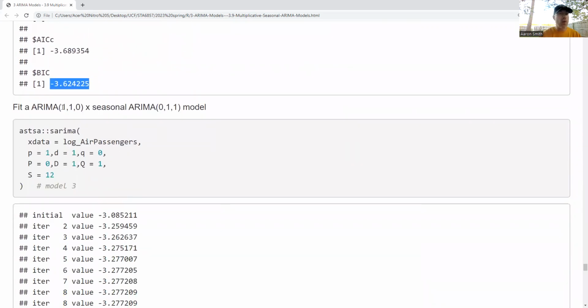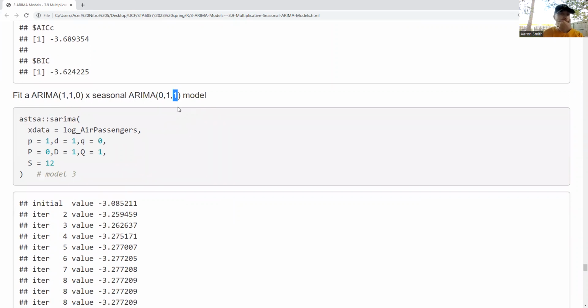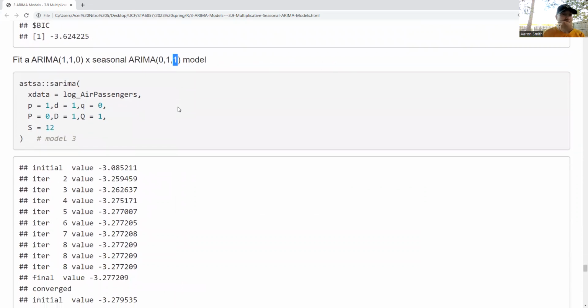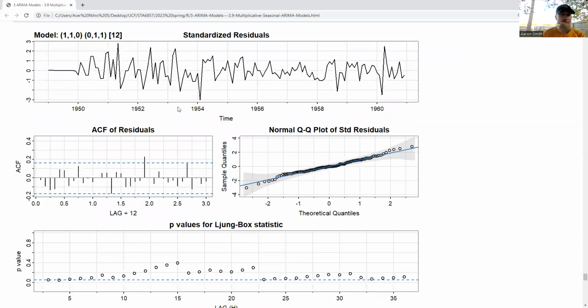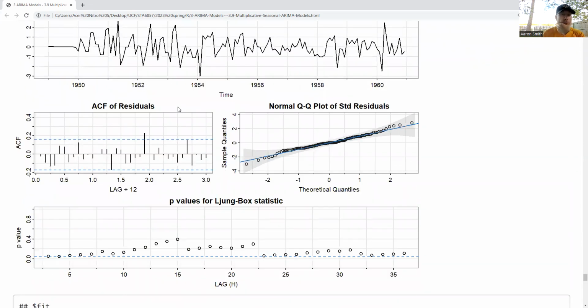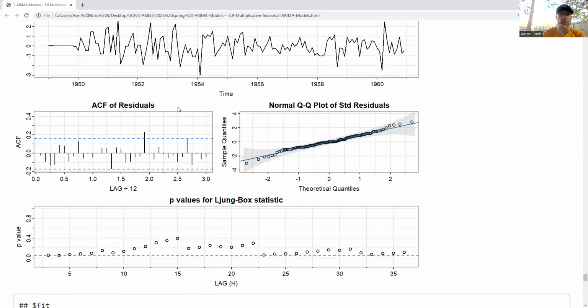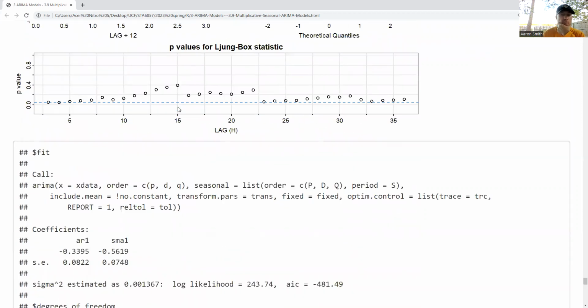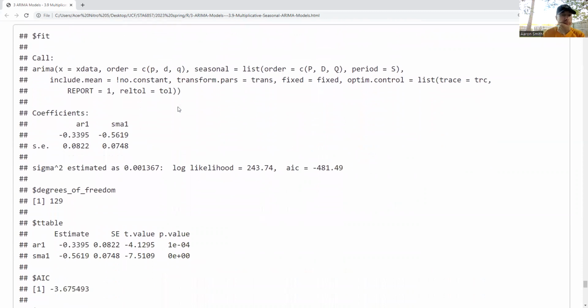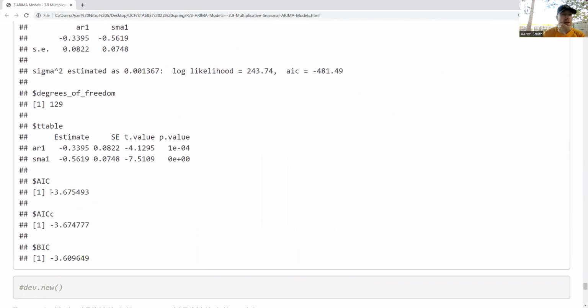And now we're going to go with an autoregressive and seasonal moving average, both degree 1. To me, the plots still look in the same realm of each other. And we get our AIC, corrected AIC, regular old BIC.